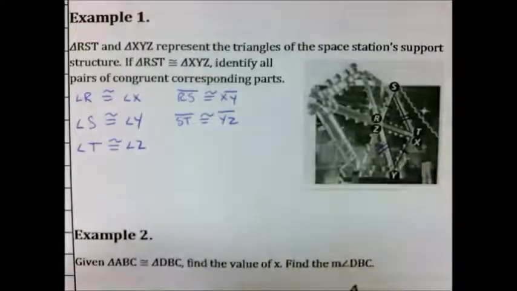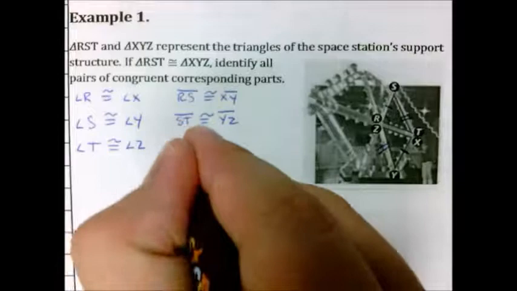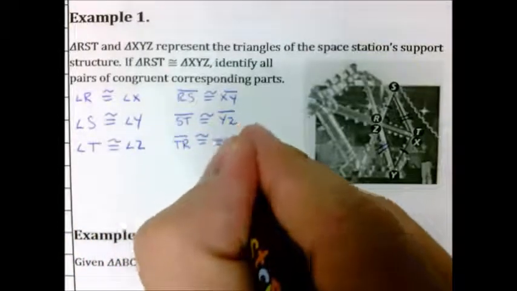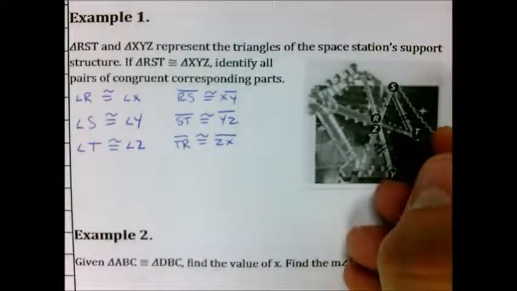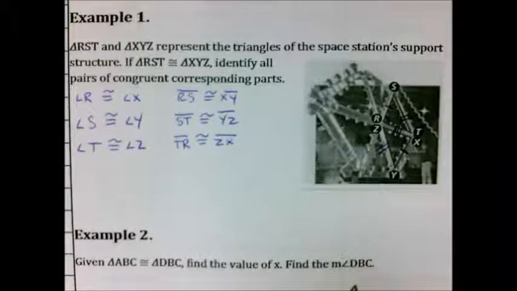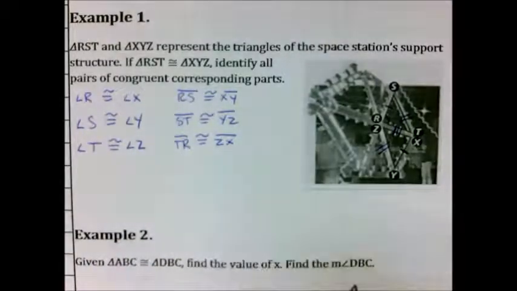And then finally, TR is congruent to ZX, which really is just the same line here. It shares that point. If you're asked to identify all the pairs of congruent corresponding parts, you need to identify the corresponding angles and the corresponding sides. That's all you're supposed to do for those examples.